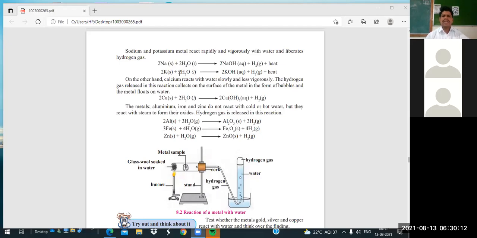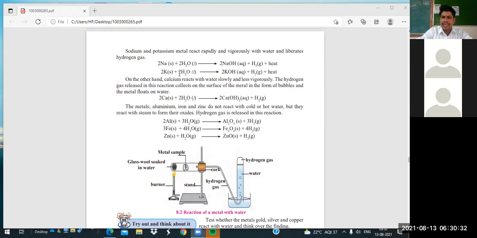Okay, some metals are given downside. You can see aluminum, iron, zinc. When aluminum reacts with water, it gives aluminum oxide plus 3H2.